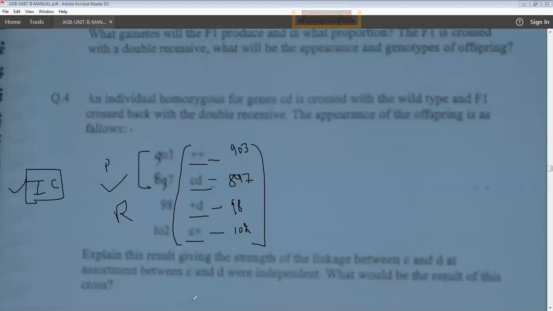In this, the major thing is we have to calculate the percentage of recombinants.